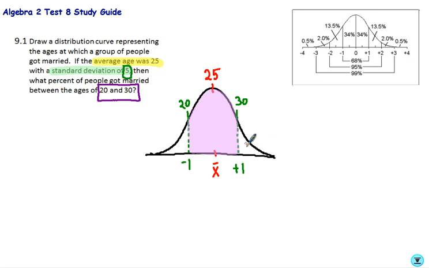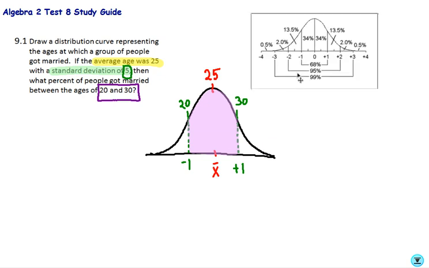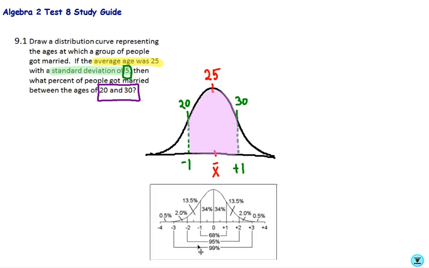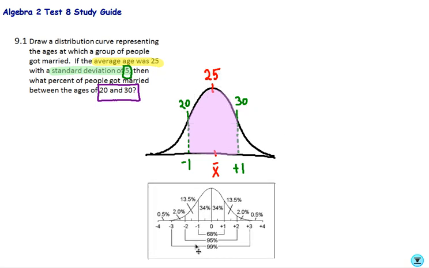Now, what percentage? Well, this distribution curve tells us what percentage. If you look at it, one standard deviation away from the average, which is this area right here, always represents 68% of whatever it is that you're talking about. These numbers don't change. The problem will change, but those numbers don't change.